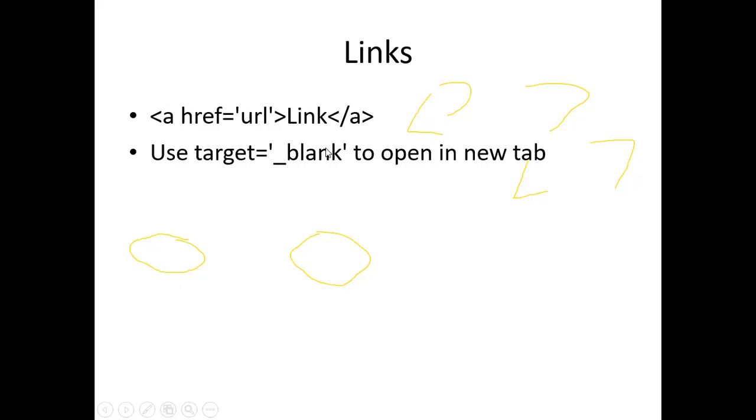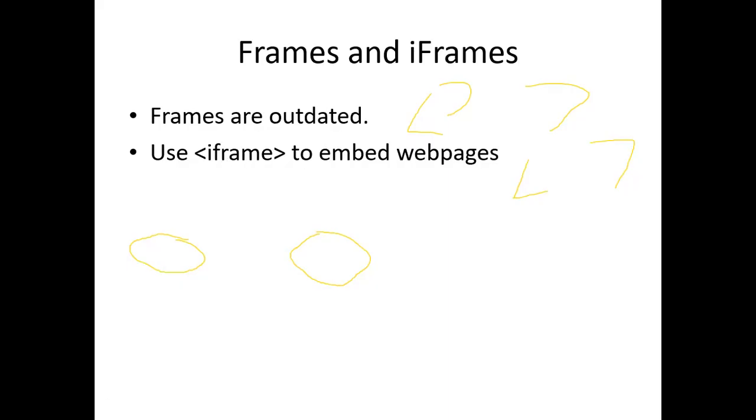Okay, so all this we will see with examples. Next we have frames. Actually, after the fifth version of HTML, we don't have the frame tag. Before, we used to use the frame tag, but after the fifth version of HTML it is iframe.